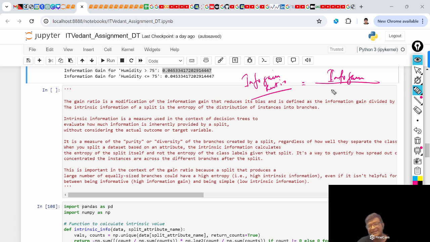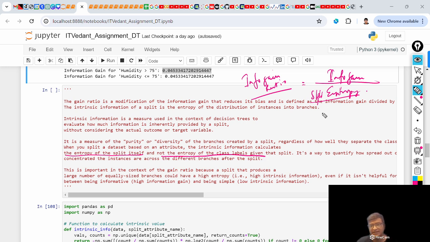Okay, and how it penalizes it, or you can also say normalizes it, is with the entropy of the split. That means we calculate the entropy of that particular split variable, not based on the target column. Okay, not based on the entropy of the class label or the target column.